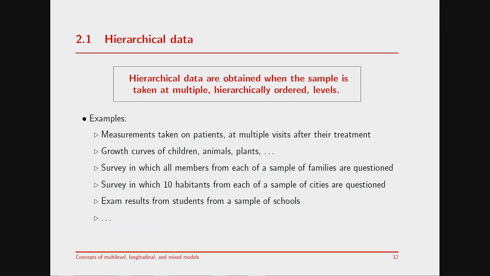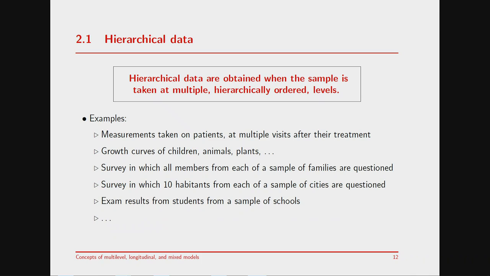You want to do it because you want to study growth. You want to study how quickly these children are growing over time. So that time dimension becomes very important. Also, for the first example, with the patients, if you ask patients to come back every week for so many weeks, you don't do that to annoy these patients. You do that because you want to see how they improve, how quickly they improve.